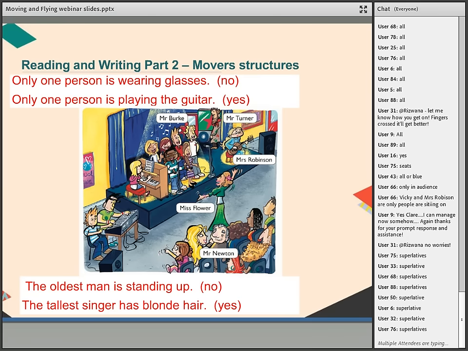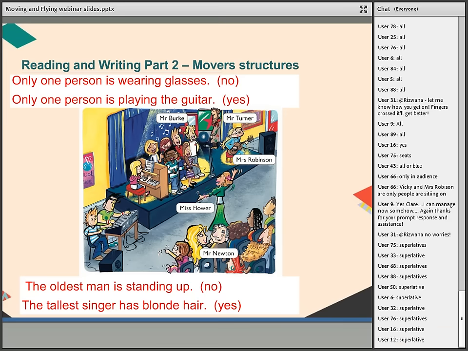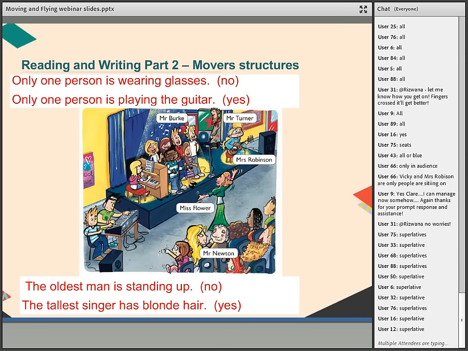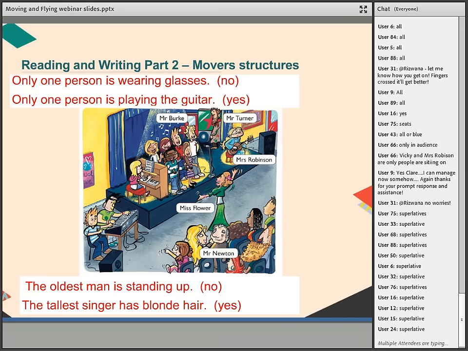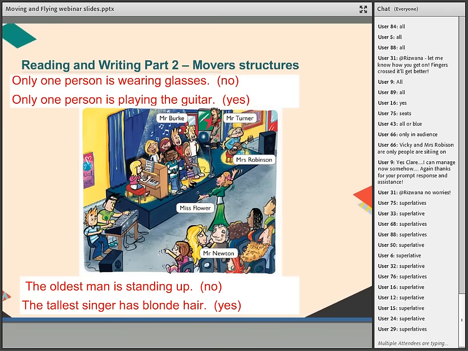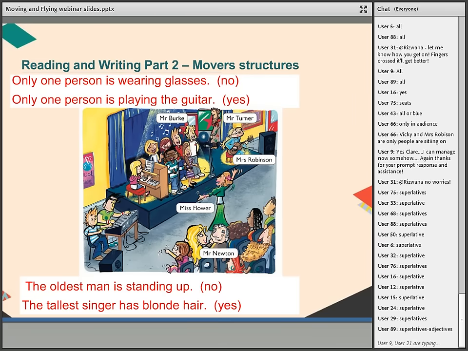Okay, so both of the sentences have superlative adjectives, and again, this is very often in the sentences that will appear with a picture in reading and writing part 2. So again, we could get students to write or say more sentences with superlatives or with comparatives.